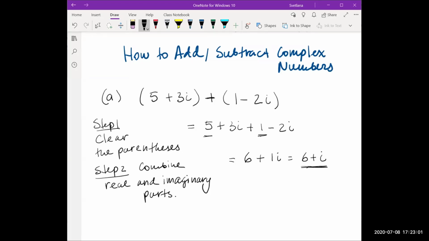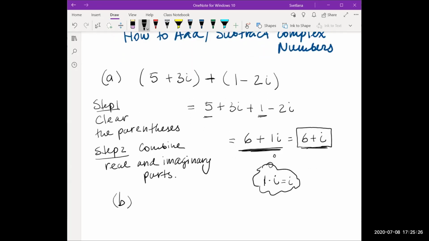Even though i is not a variable, it can't equal different things. i is the imaginary unit and it always equals the square root of negative 1. Still, when we do operations, for the most part we can treat it as a variable. In other words, 3i and 2i can be combined together, and 5 and 1 can be combined together. So thinking in terms of like terms is helpful. Because now let's try subtraction.